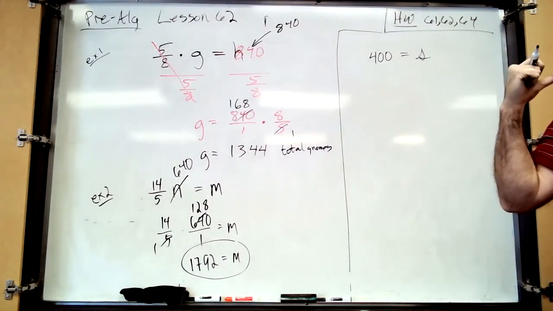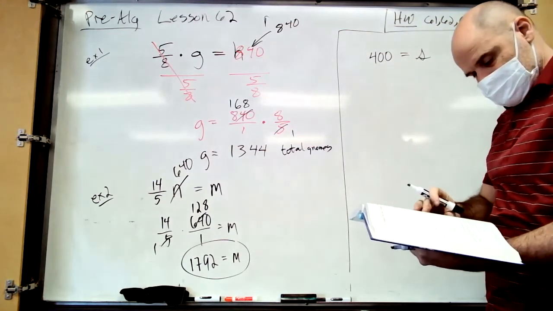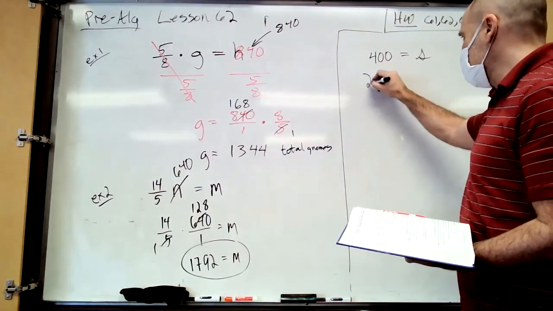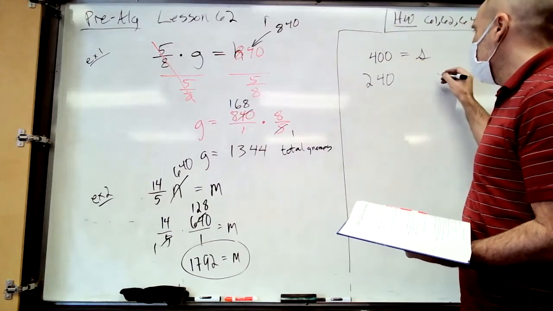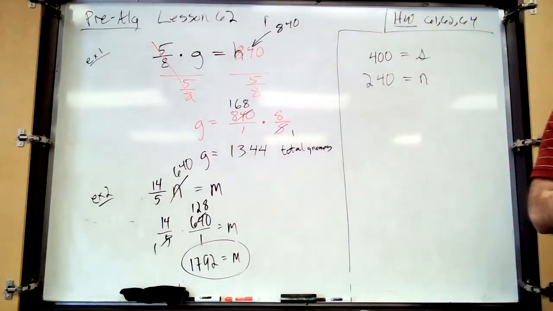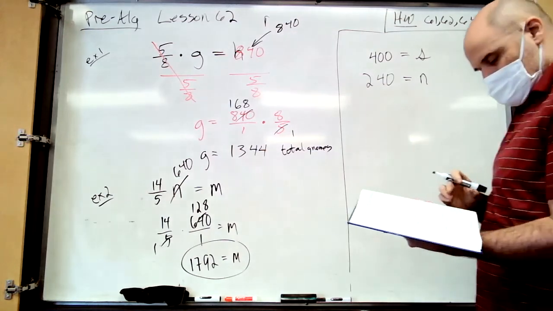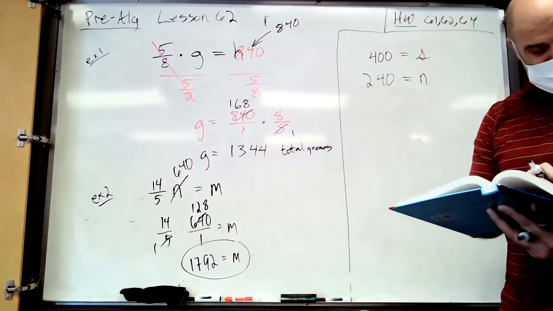That equals S. So far, so good? And then it says 240 ghosts were not spied. So I'm gonna say another variable, N. That was wrong. Okay, but watch this, guys.